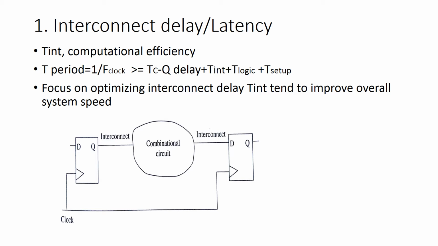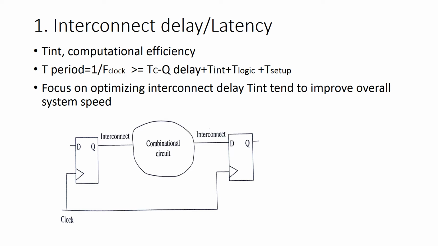So how are we calculating the delay? T_INT is the interconnect delay. Whenever a signal is traveling along the interconnect, the time from when it started traveling to when it ended is called the interconnect delay. That gives the computational efficiency. T period means the time period of the signal which is traveling, since it has some frequency.